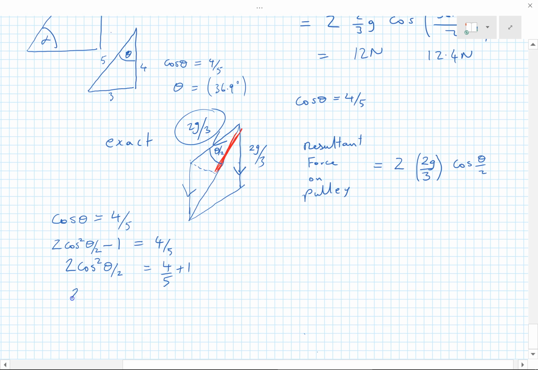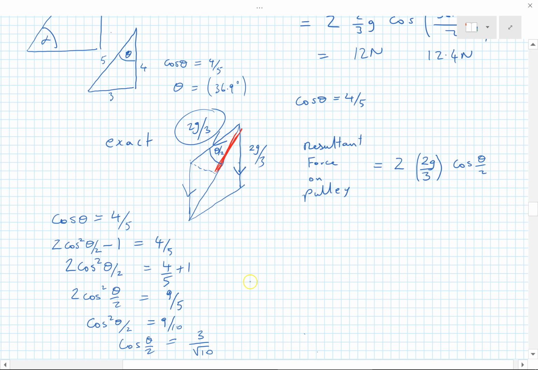So 2 cos squared theta over 2 equals 9 over 5. Cos squared theta over 2 is equal to 9 over 10. So cos theta over 2 equals the square root of that, which is 3 over the square root of 10.